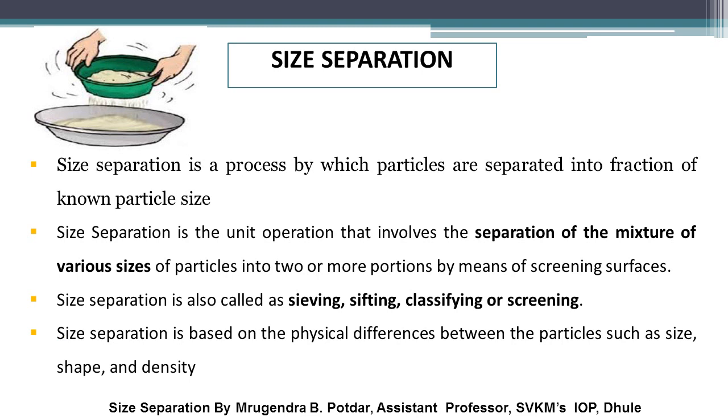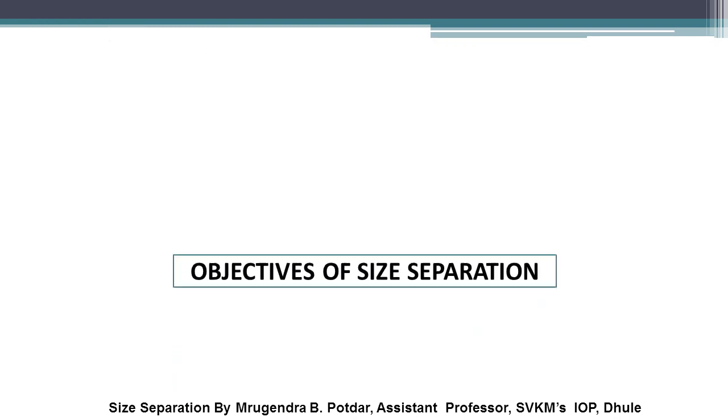Size separation is based on the physical differences between the particles in size, shape and density. The actual size separation will take place because the particles differ as per their sizes, shapes, as well as densities. Then and only then will the size separation take place.